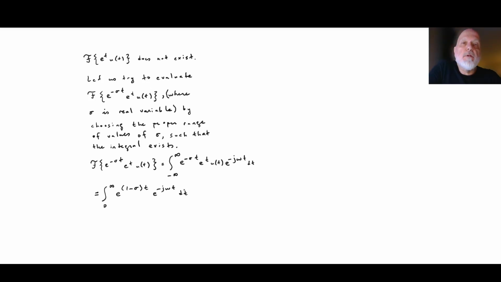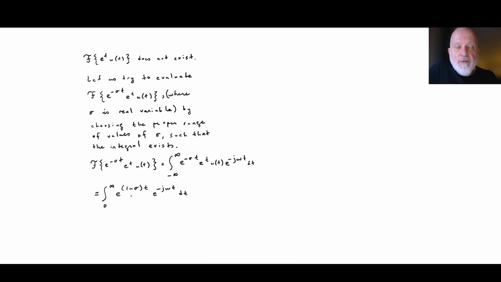Now, the question is the following. How do we choose the range of values of sigma, such that this integral is convergent? Now, we know that if this exponential term is a decaying exponential, then as t tends to infinity, this exponential term must decay to 0 such that the Fourier transform integral exists.